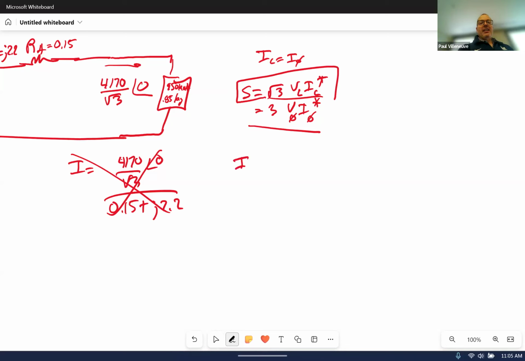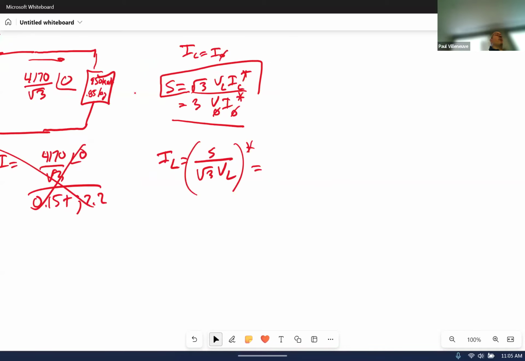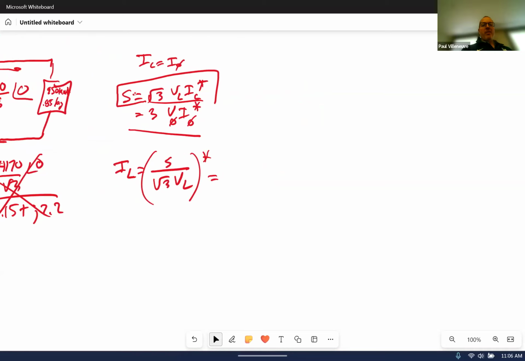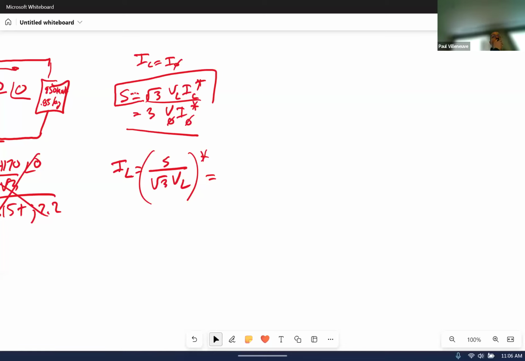So I line is going to be equal to S divided by square root of 3 V line, and we're going to take the conjugate of that. Now, there's a couple ways to do this one. I just kind of write it out, but you have to remember this S has an angle associated with it. And to determine if it's a positive or negative, you need to recognize that the voltage is here.